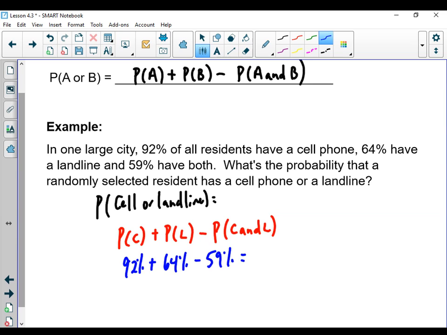And then, 92 plus 64 minus 59 gives me 97% probability that they're going to have a cell phone or a landline. So mutually exclusive, we just add them together. If it's not mutually exclusive, we have to take out that case where both of those are happening.